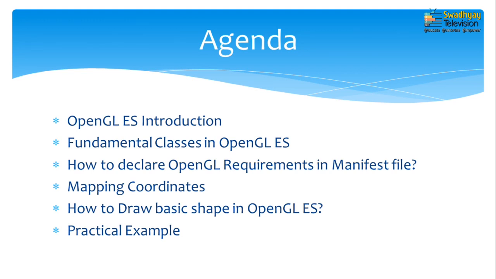Then we declare the OpenGL requirement in the manifest file using the uses-feature tag, and we learn how to map coordinates specified in the program onto the device screen. We also learn basic shapes in OpenGL ES, and finally, we create one practical example to demonstrate these capabilities.